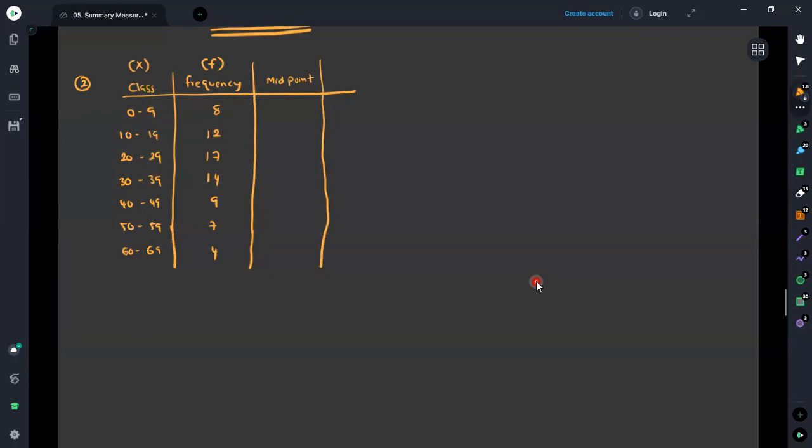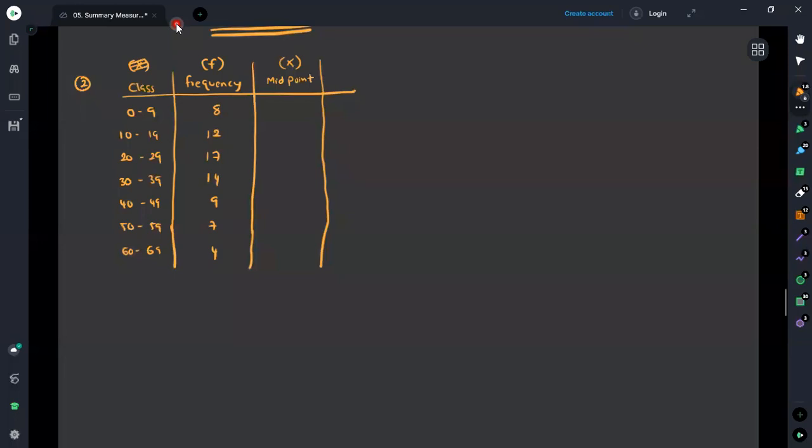Therefore, hereafter we will consider the class midpoint as the value of x. It is because a class represents a value range, but the midpoint is just a single value which can be considered to represent the entire class.